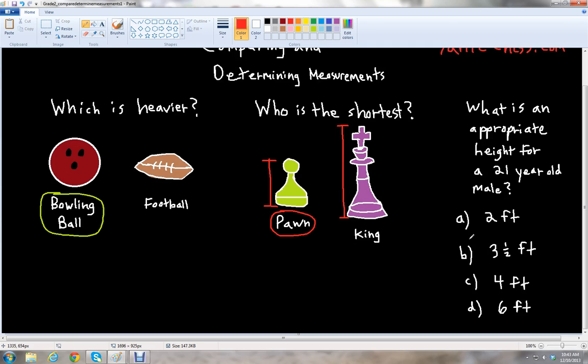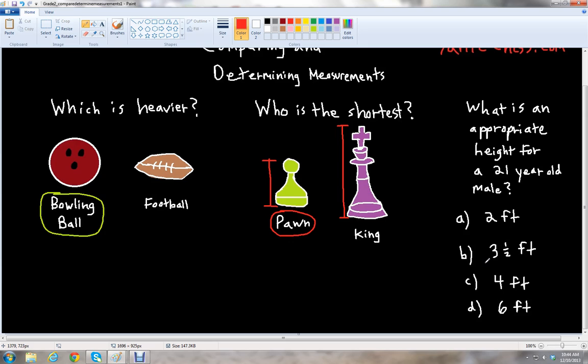So looking at these answer choices, 2 feet is pretty small. He'd probably be a little kid at that time. And also 3.5 feet, still fairly young, in elementary school.